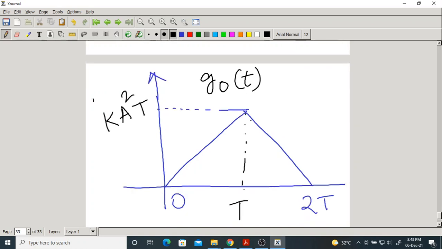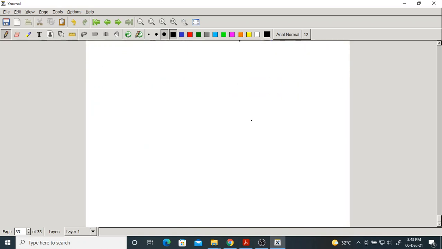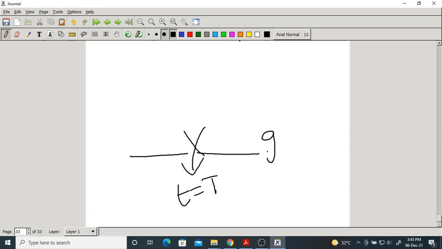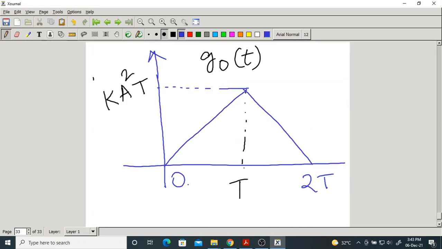Okay. Now, if you remember, what is the last step? The g naught of t is sampled at t equal to capital T. Then we get g naught of capital T. Remember or not? So the question is, why are we sampling at only capital T? The reason is like this. When you sample at capital T, you get maximum signal power. Suppose if you sample somewhere here, the signal power will be less.